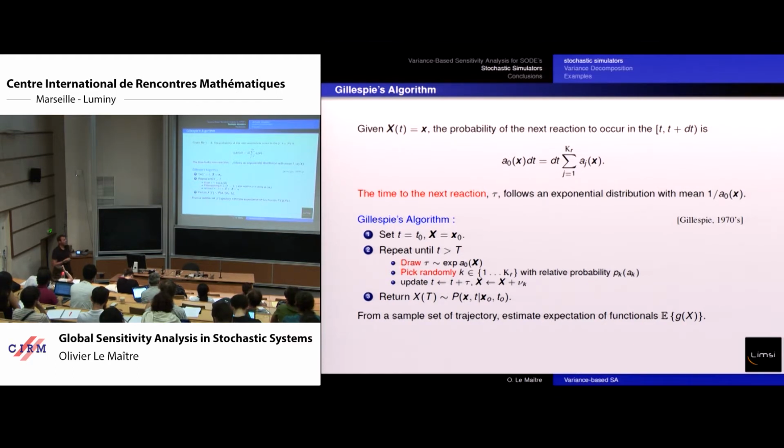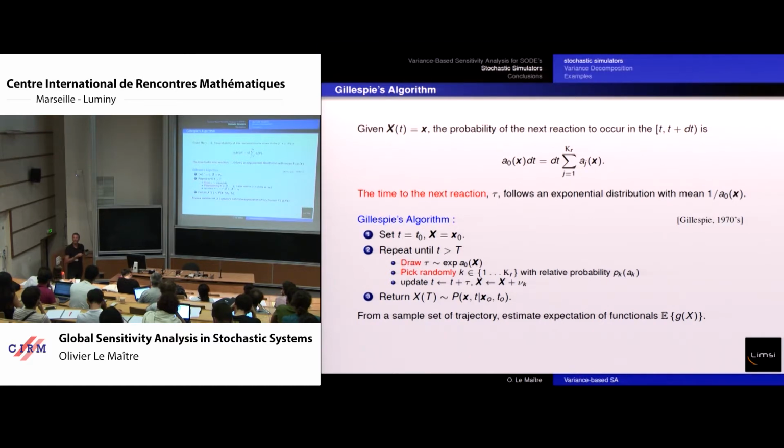The first question we wanted to address is, even for this simple problem, I can generate multiple trajectories and estimate a variance of the population size at some time t, but I'd like to be able to answer: among these K reactions, which ones are responsible for most of the variability? I have no parametric variability, but already I'd like to address this question.